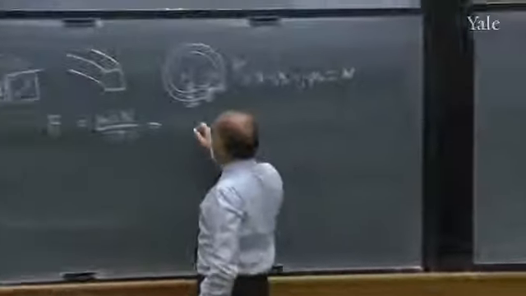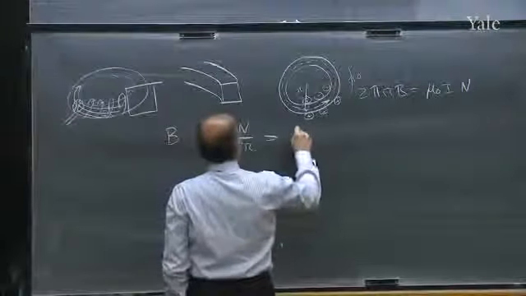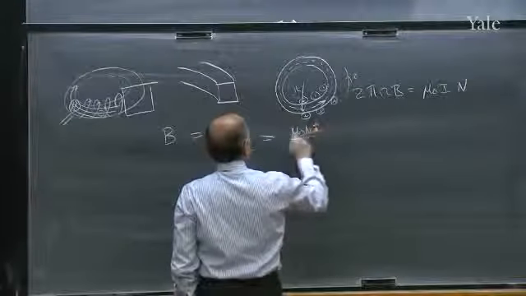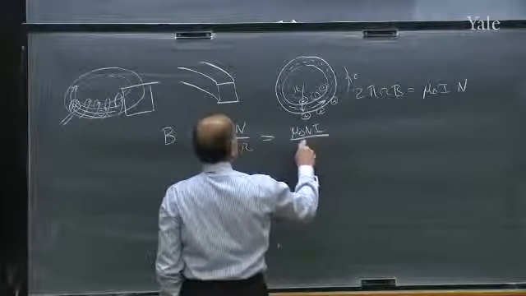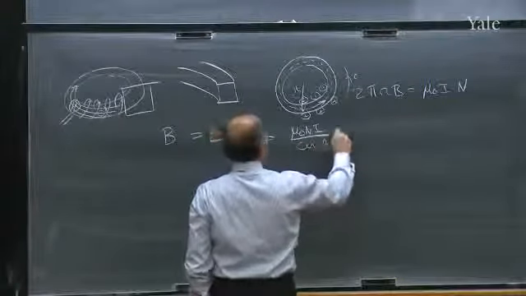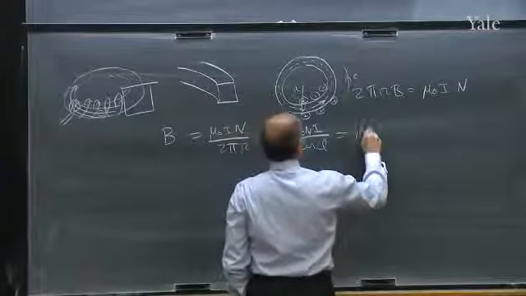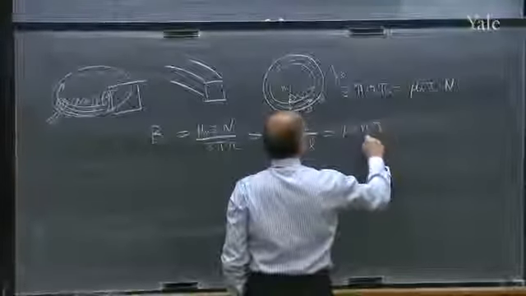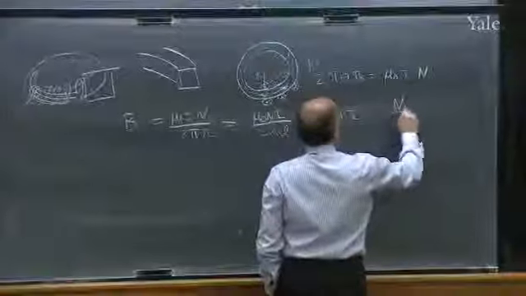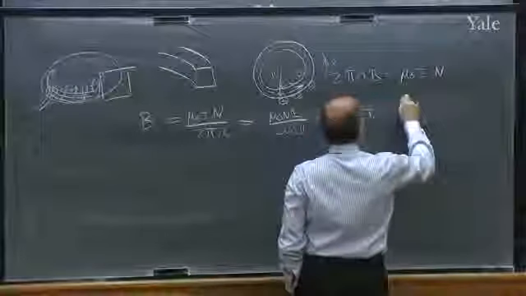Well, you can see the field mu 0 n I divided by 2 pi r, where 2 pi r is just the circumference of the circle. So it's going to be mu 0 little n times I, because little n is big N divided by 2 pi r.